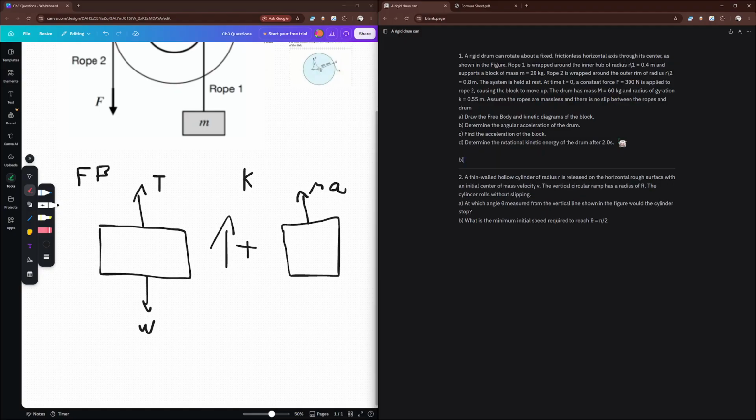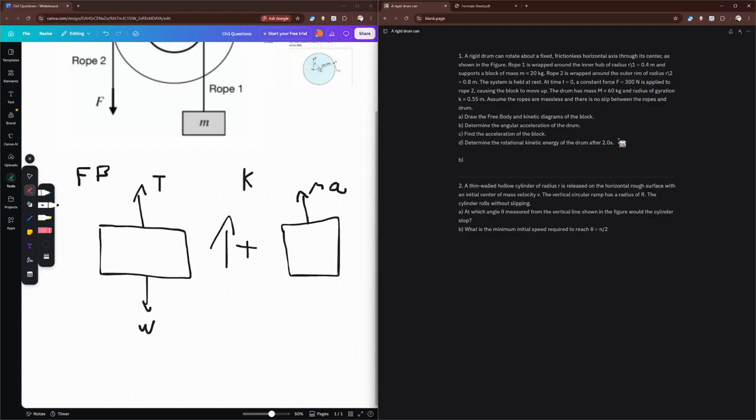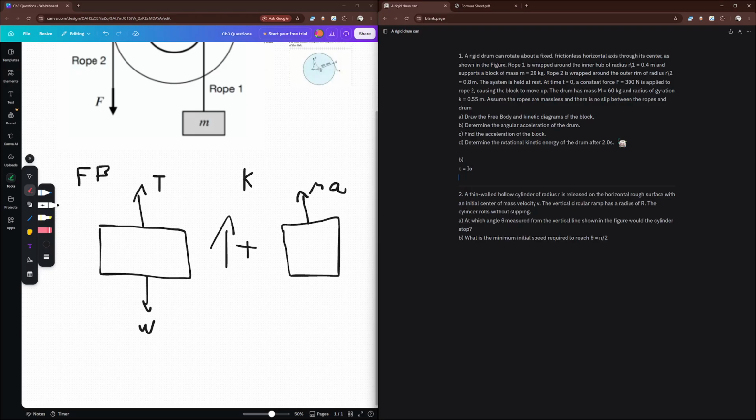So B is determine the angular acceleration of the drum. To solve this, we're going to start with the fact that the sum of the torques is equal to I alpha, right? And what torques do we have? Also, we're going to be considering counterclockwise to be positive, right?